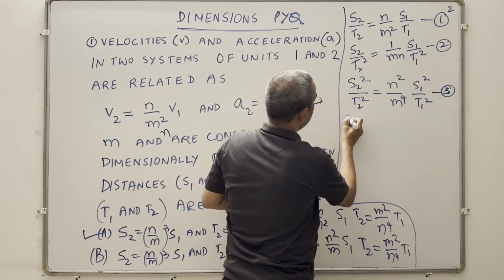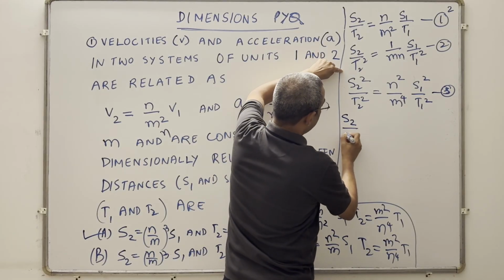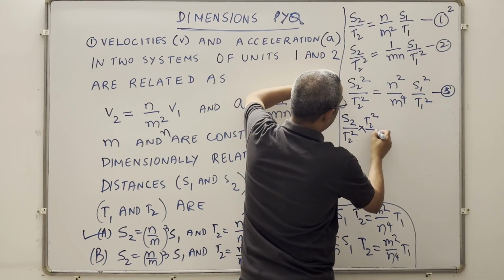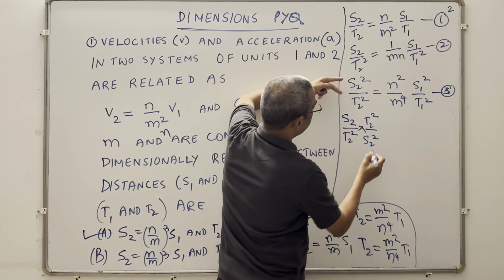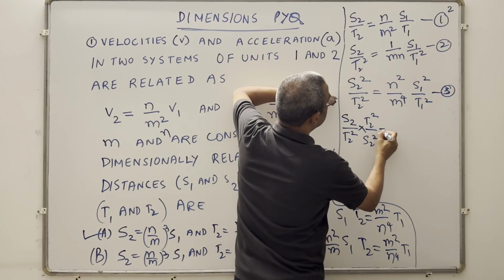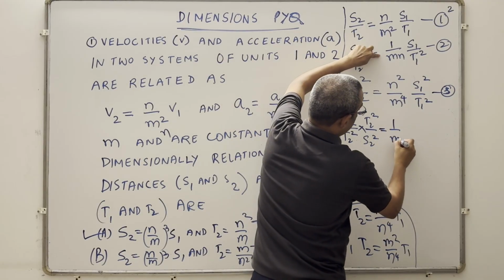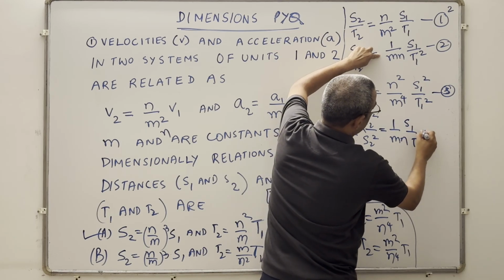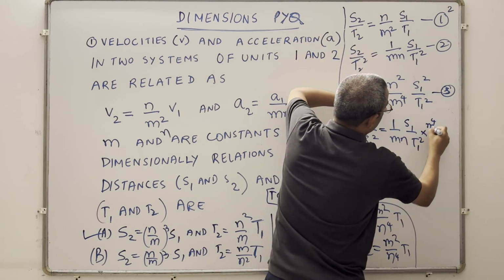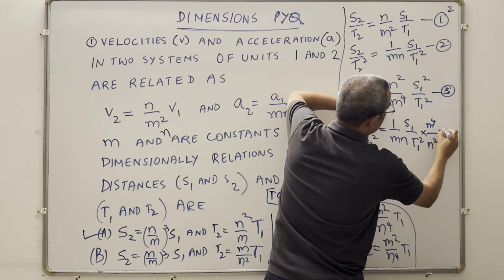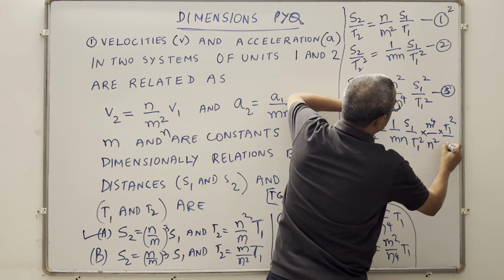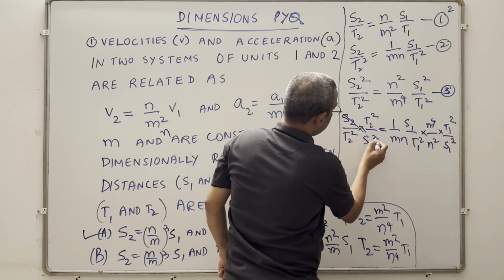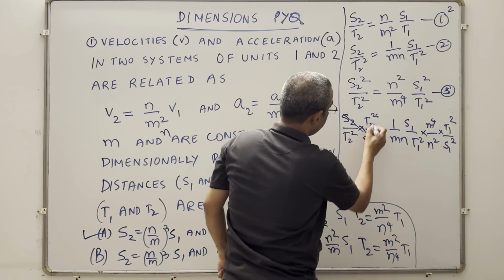If we do that, what do we have? S2 by T2 square into T2 square by S2 square, this gets flipped, inverted, is equal to 1 by mn into S1 by T1 square into m power 4 by n square into T1 square by S1 square. So S2 gets cancelled and one S2 remains, and T2 square cancels.